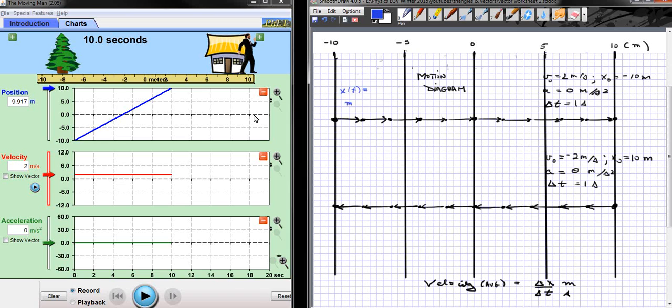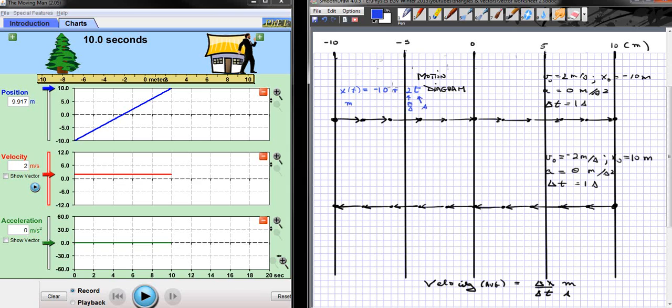Is equal to, okay, so we know that the velocity is plus 2, but that he starts at minus 10, and so his position as a function of time is going to be minus 10 plus 2 times t. Okay, so this right here is the velocity, and this is in meters per second. And this right here is the time, and so this is in seconds.